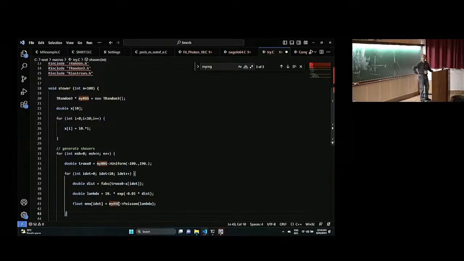Yes? Yes, and I still need to close the loop because we are generating 100 showers. And every time we generate a shower, we then want to reconstruct it. So we will have a part, but yes, thank you for that.